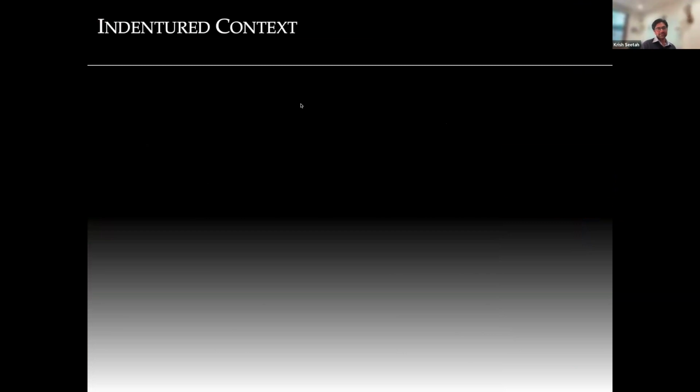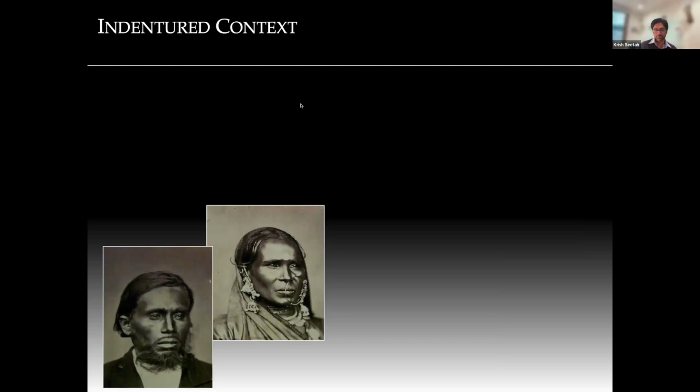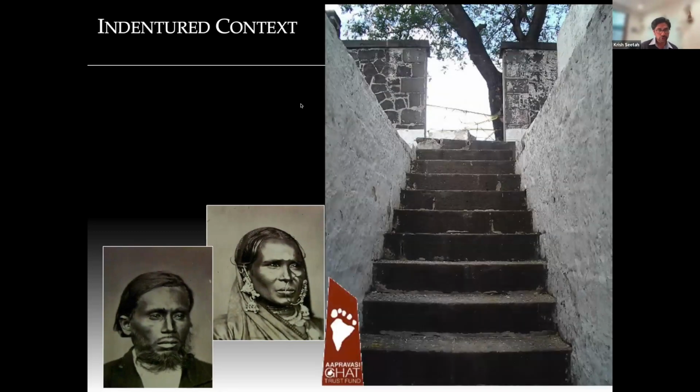I deliberately started with a blank slide because while I have many images and a lot of historical work for enslavement, we've done relatively less for the period of indenture. In fact, Mauritius is the first place where there is a systematic effort to study the period of indenture from an archaeological perspective.